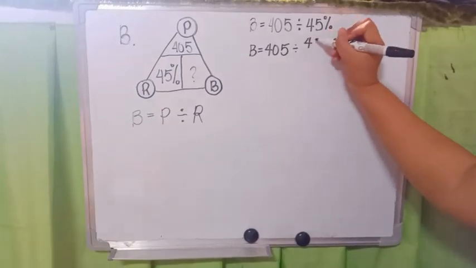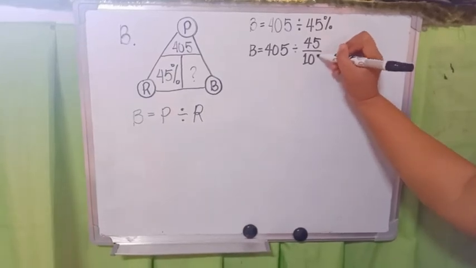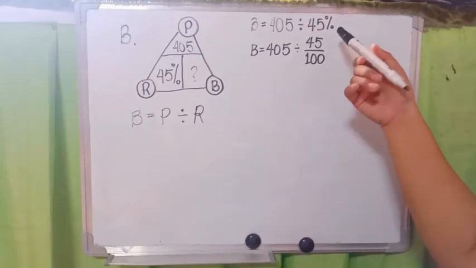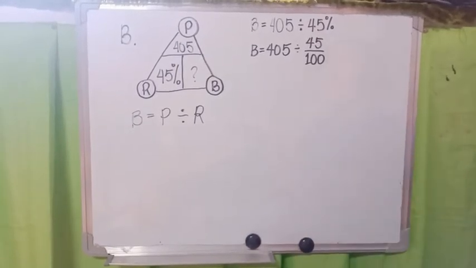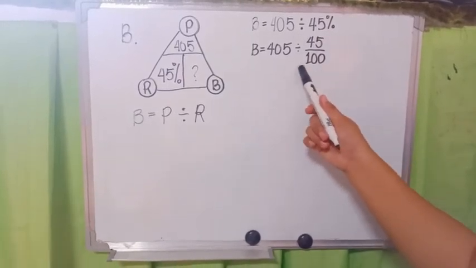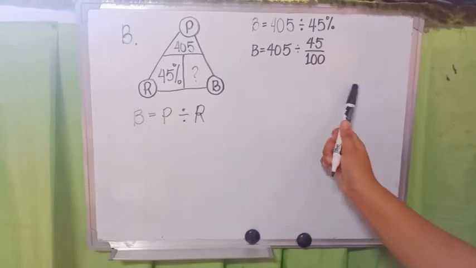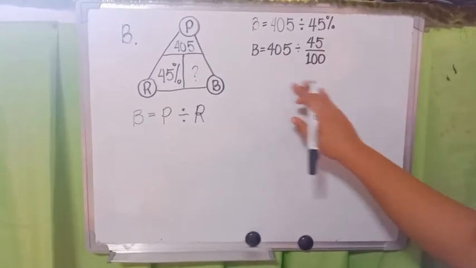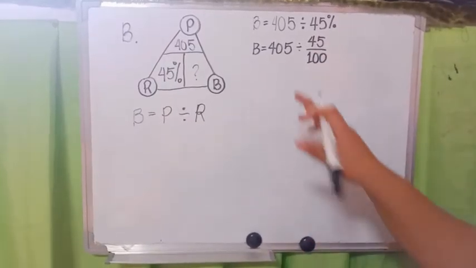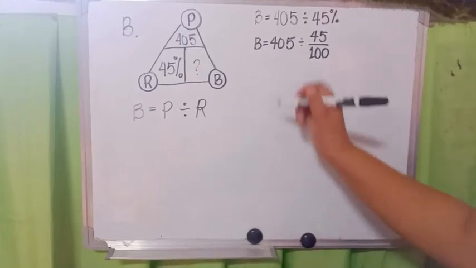So 45 over 100. Always remember that when you are converting a percent into a fraction, copy the digits as your numerator and always have the denominator, which is 100. So you need to do the division rule in dividing a whole number by a fraction.